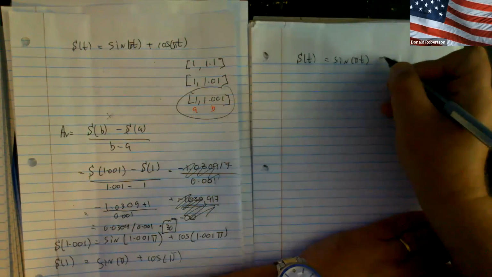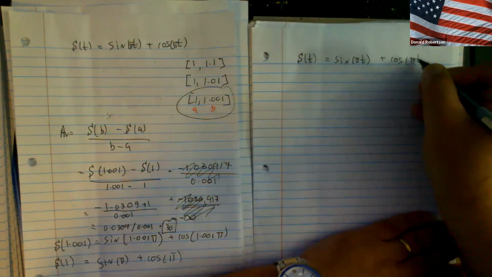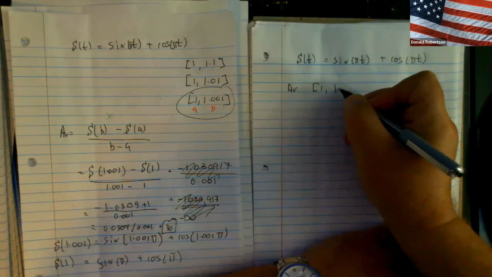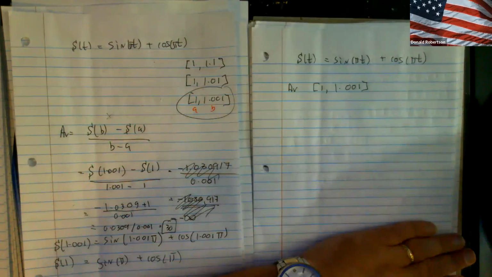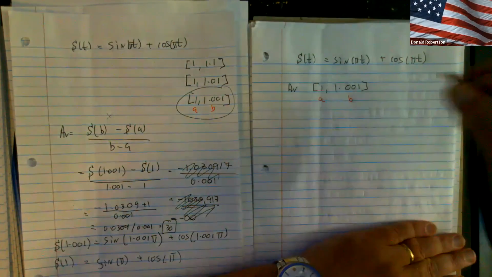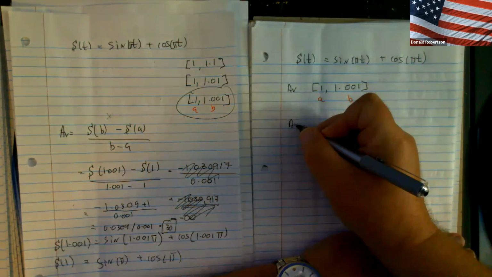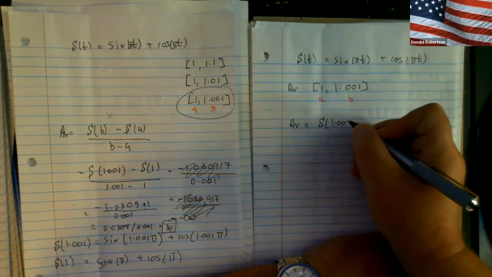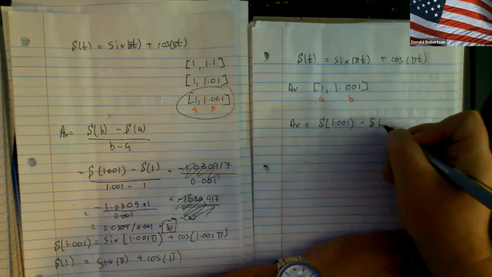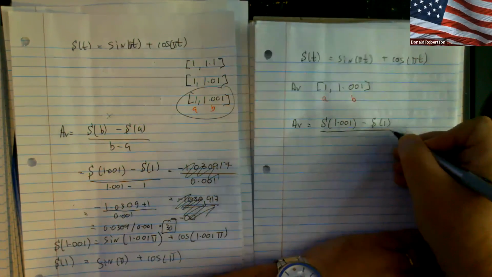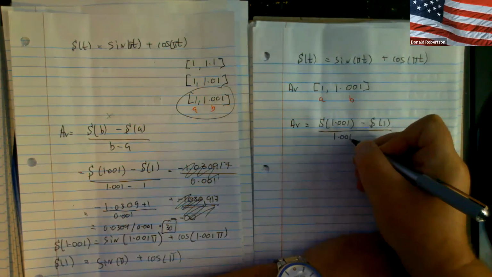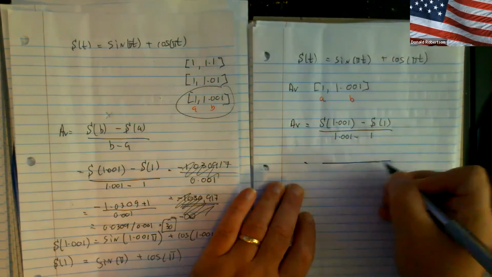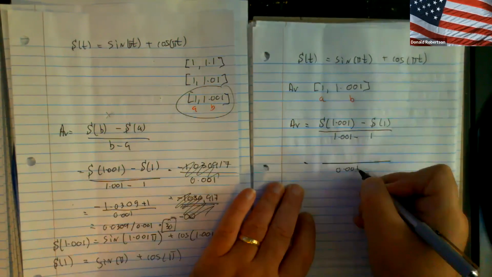That's the original function. I'm going to get the average in the range 1 to 1.001. So I make that A, I'll make that B. The average will be the value of the function at B, take away the value of the function at 1, all over B take away A. The bottom is 0.001.